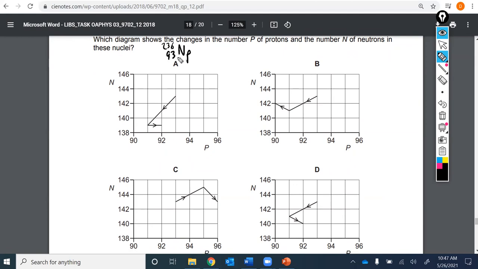Neptunium-236, 93, decays via alpha emission. So that's a 4-2 helium nucleus, the alpha particle. Mathematically, the proton number is conserved and the nucleon number is conserved, so this is going to go down by 4. So we're going to have 232. This is going to go down by 2, so that's 91, and that's what? Protactinium.